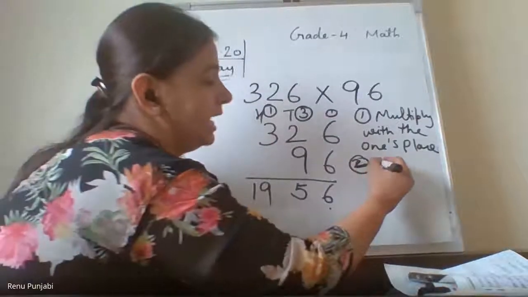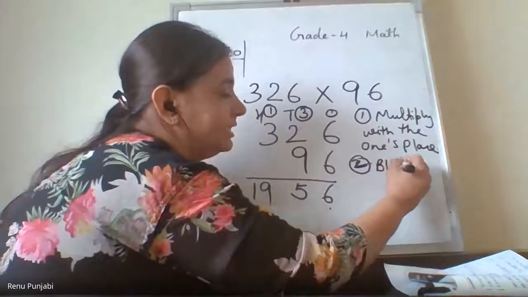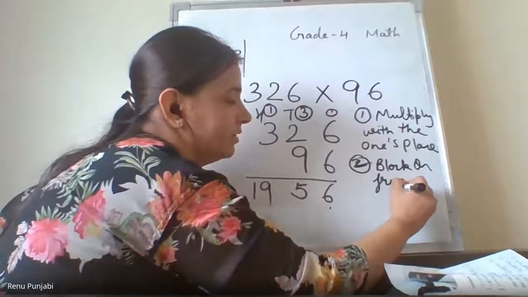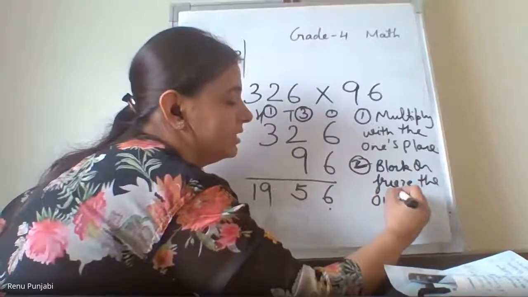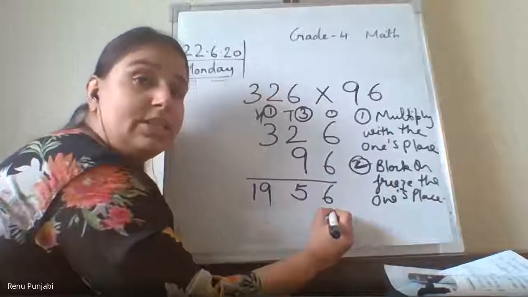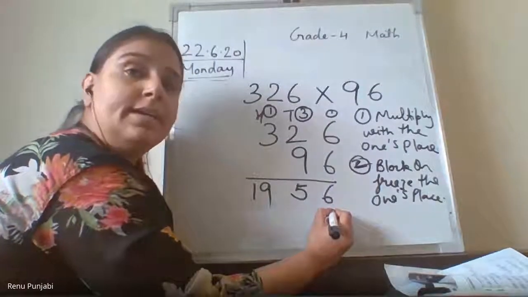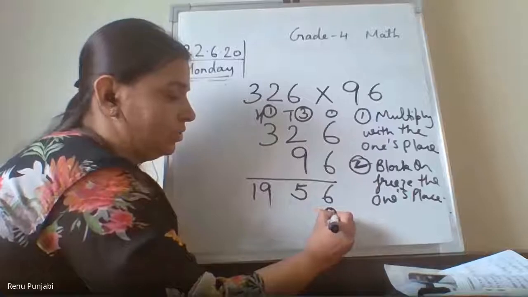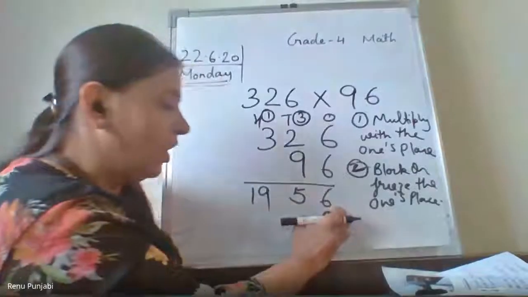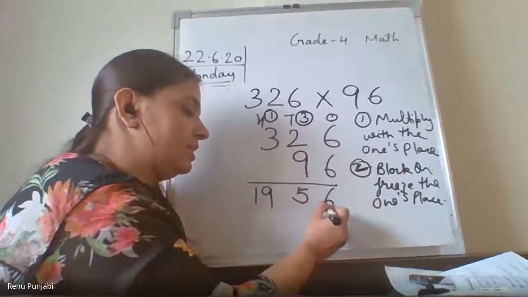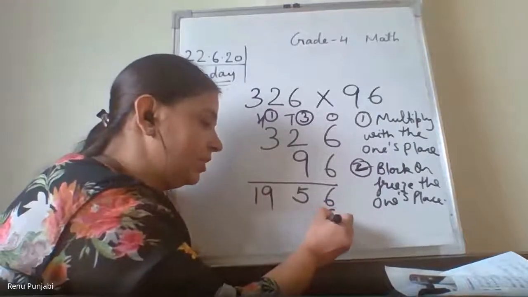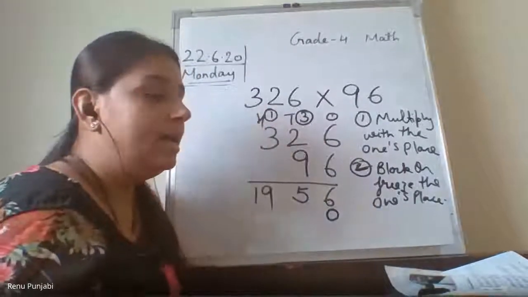So the second step is block or freeze the ones place. You can write 0 or a cross sign. It's your choice, because the chance of the ones place is done.